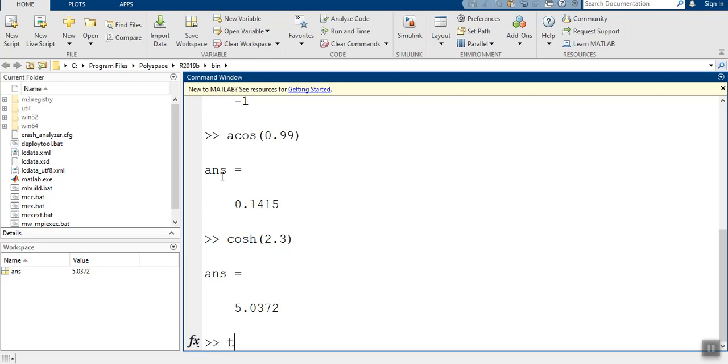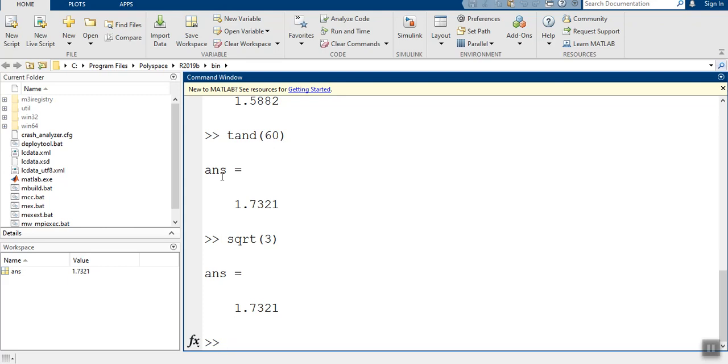In the similar way, tan of 23, tand of 60 degrees. Tan 60 is 1.7321, root 3, sqrt of 3 just for verification.